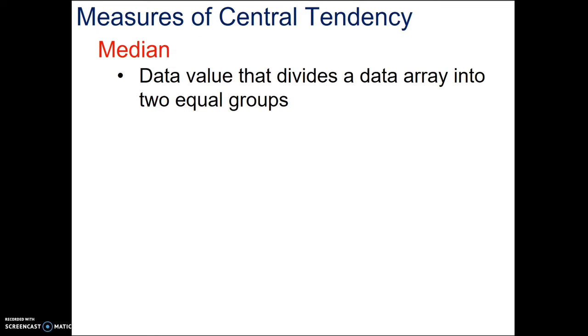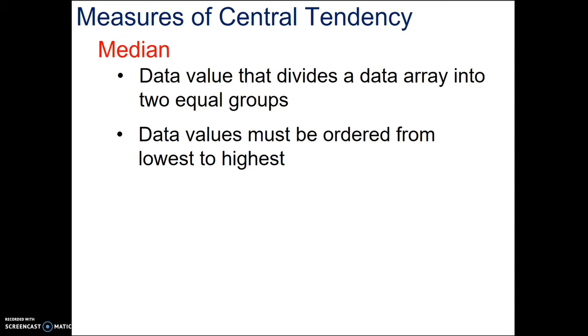Now, a different idea is the median, and again, we'll talk about what the difference between those two might be. The median is if you were to line up all of your data and split it into two equal groups, that may give you a better idea of the middle ground for all of your data.